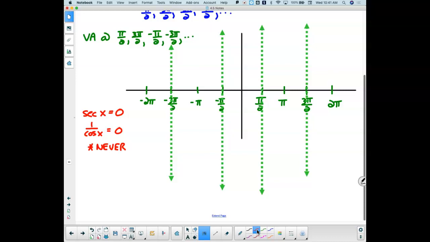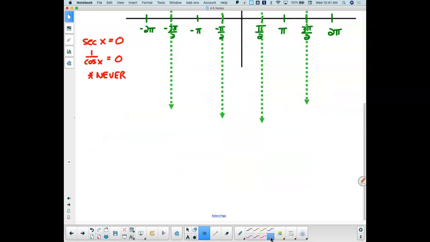Okay? So let's go with 1 then. When is secant of x equal to 1? So when is secant equal to 1?